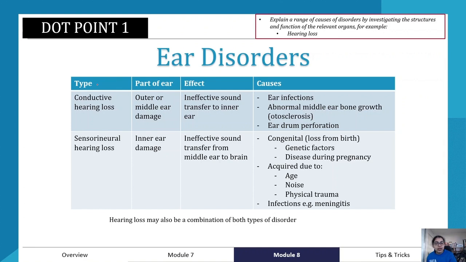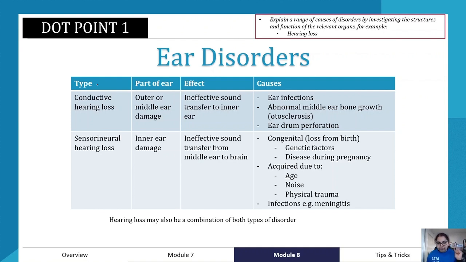Sensorineural hearing loss, on the other hand, is when there is damage to structures in the inner ear, and that is when there is an ineffective sound transfer from the middle ear to the brain, because things are not moving through the inner ear, so sound can not go through to the brain.